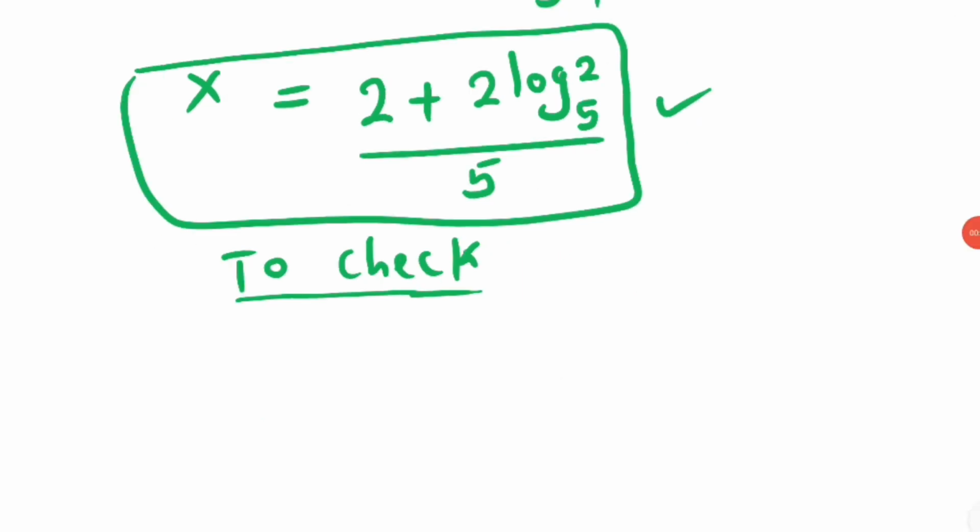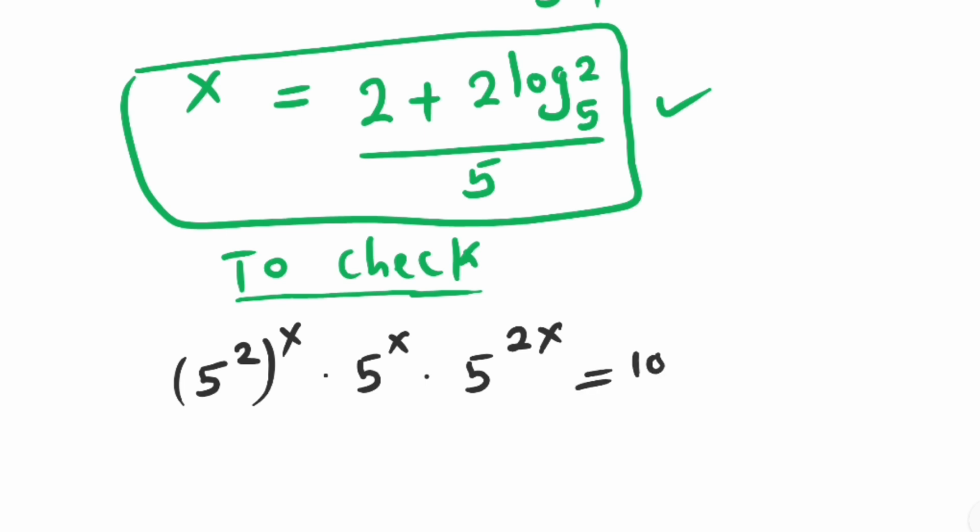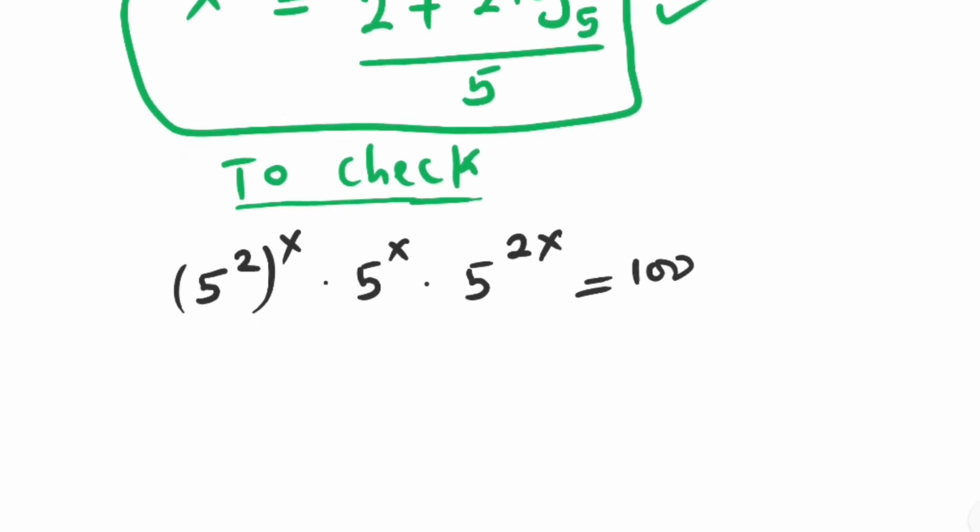To check, we have the given equation 5 squared raised to the power of x multiplied by 5 raised to power x multiplied by 5 raised to power 2x is equal to 100. Then this is the same thing as 5 raised to power 5x is equal to 100.